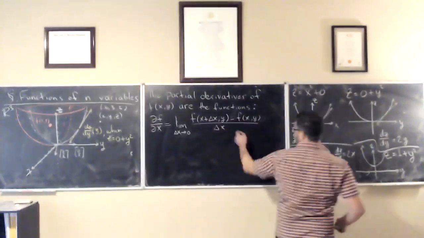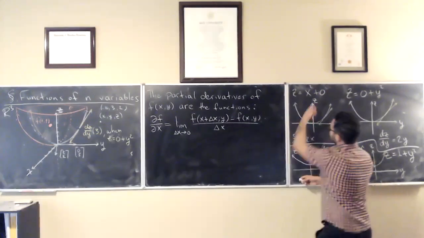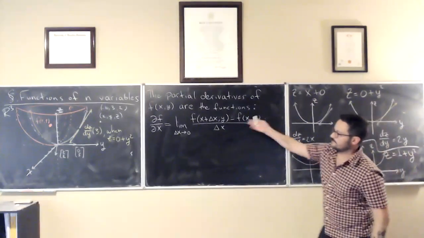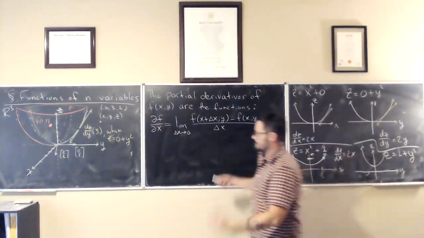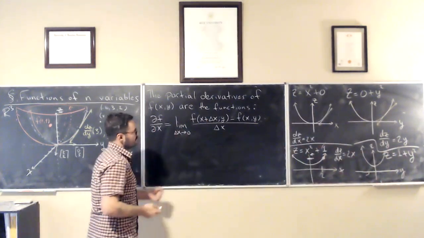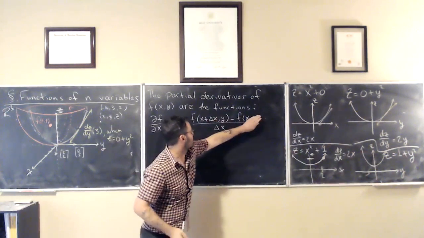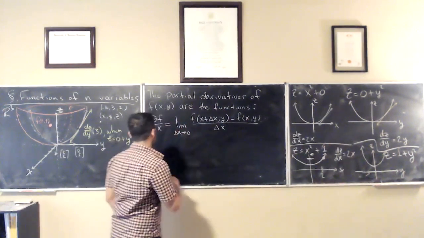Now again, if you think about just fixing y, we did exactly that here. This is just the definition of the derivative, right? If you look back at your calculus notes, that is the definition. If you just got rid of the y, that'd be it.